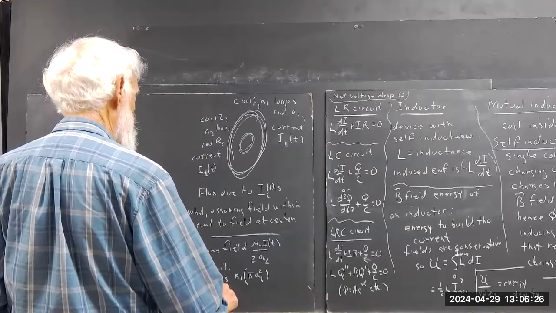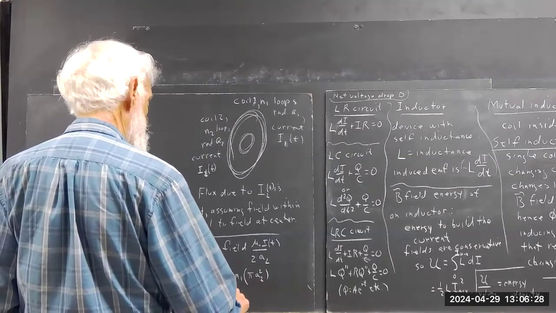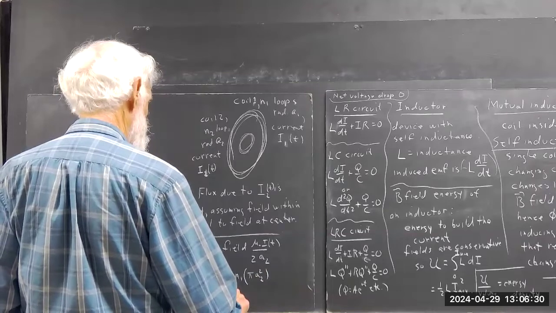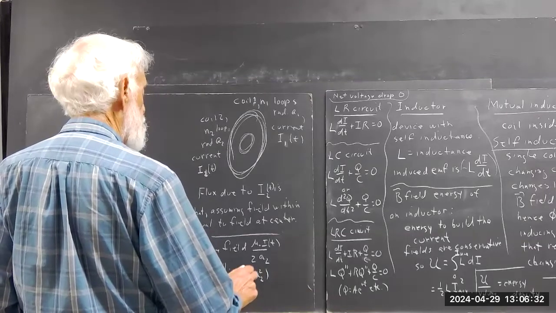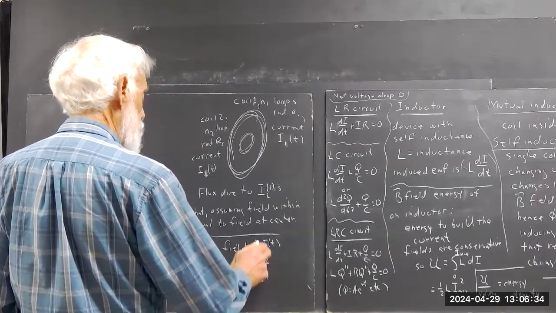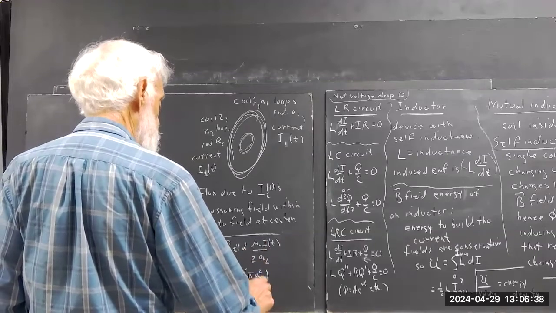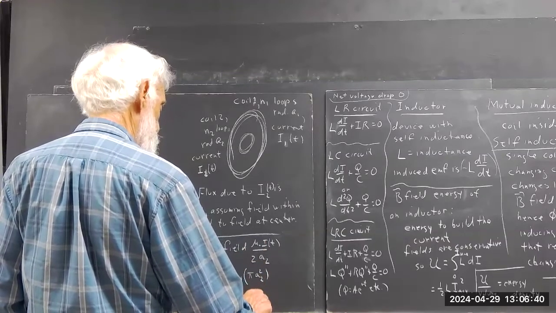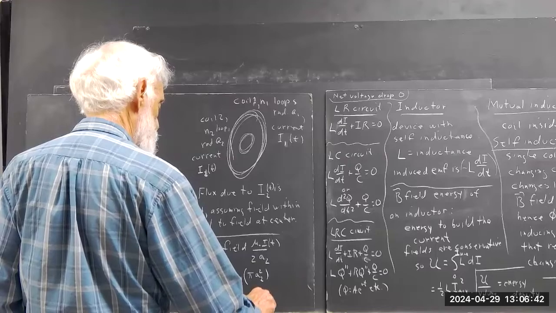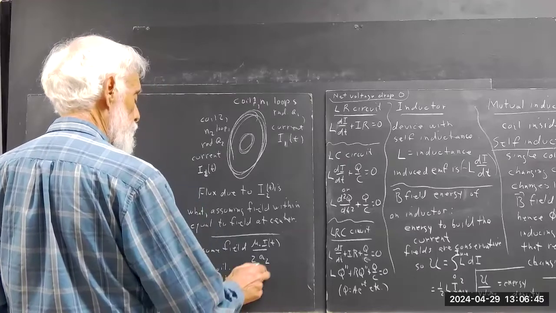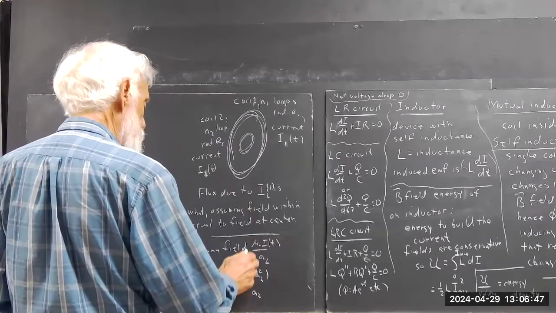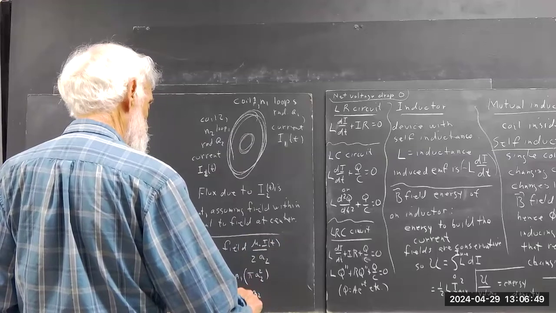Phi B equals M1 times pi A2 squared times your field. So you're going to have A2 raised to the second power. You got that. Then you got a factor of 2 in your denominator.